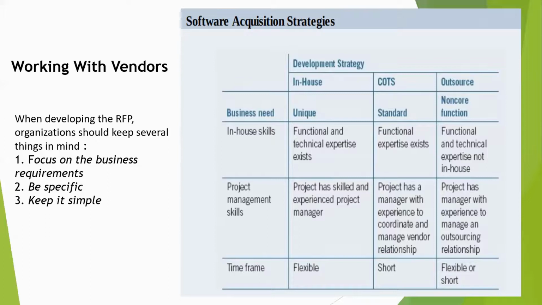So we have to make a choice between them, and we have to make sure that the request for proposal, that is RFP, that we give to the vendor is very specific about what amendments we want in the system or functionalities. And we have to keep it simple. DFDs help a lot in simplifying our processes, because we have a pictorial diagram and a clear vision of what we want, and then we can simply put it in place.